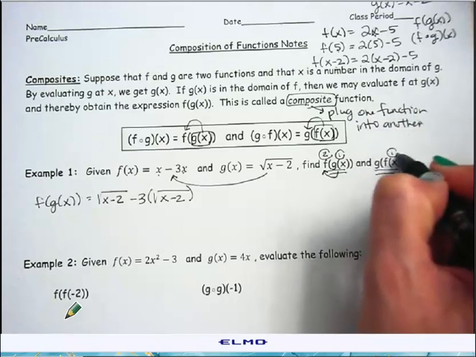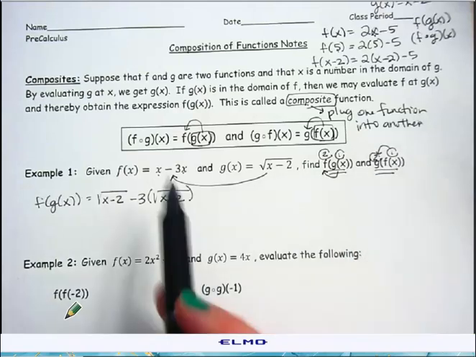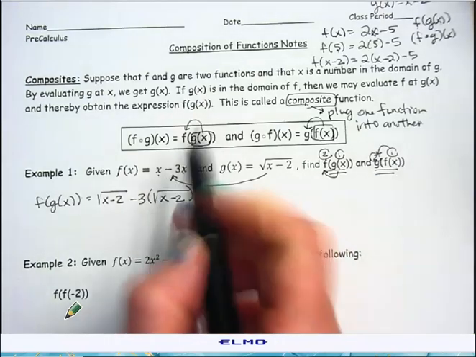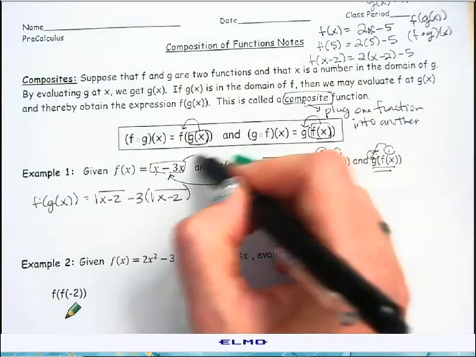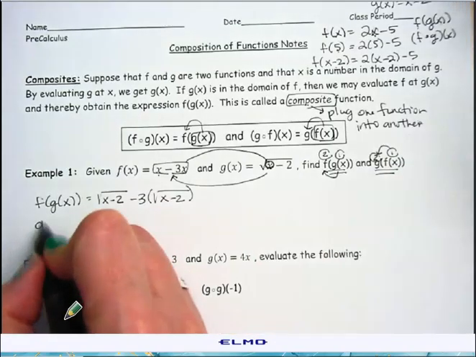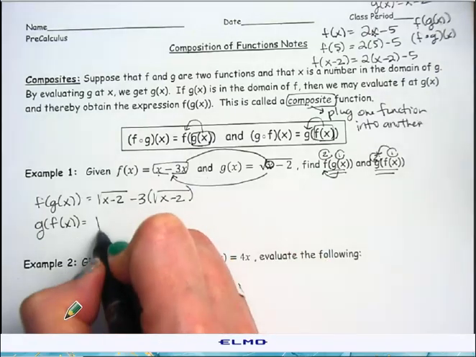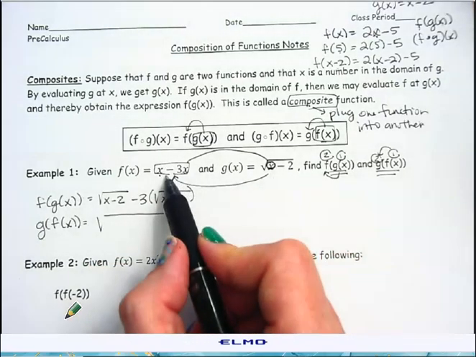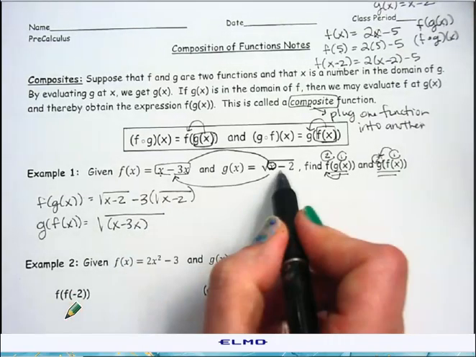The innermost function gets plugged into that outermost function. So this time I'm taking the f function, the x minus 3x, and plugging it into the g function wherever I see an x, which is right there. So the square root of x, which is now x minus 3x, and then minus 2.